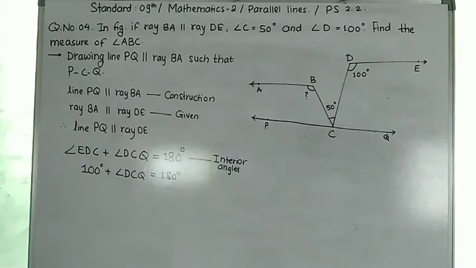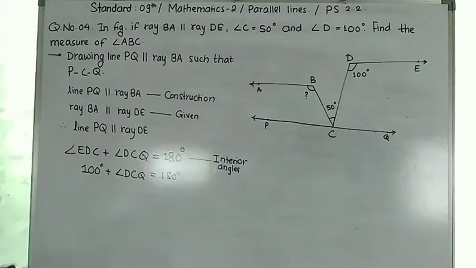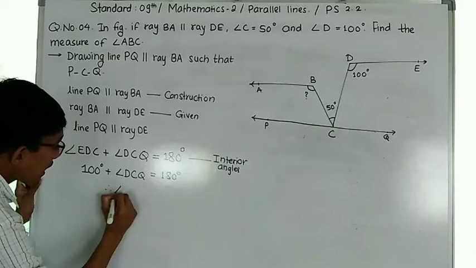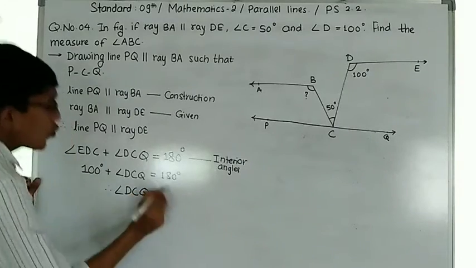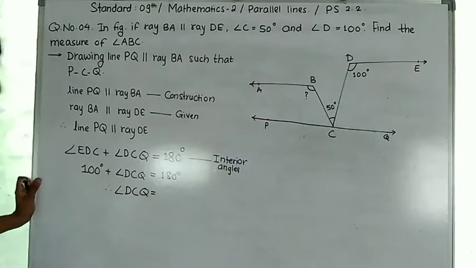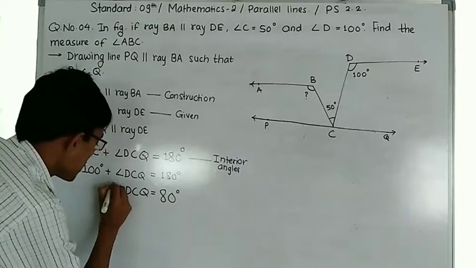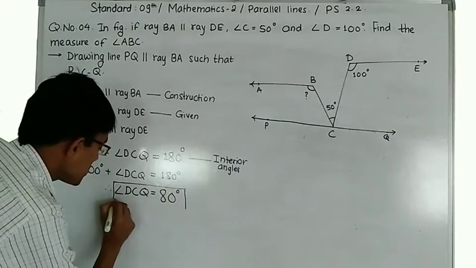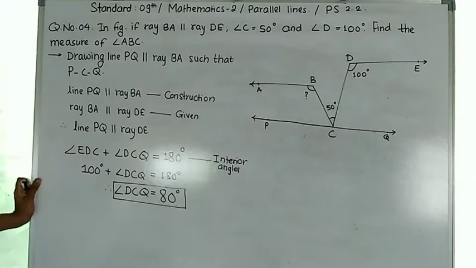As you can see, 100 degrees plus angle BCQ is equal to 180 degrees. So we can write therefore angle BCQ is equal to 180 minus 100. What is 180 minus 100? It is 80 degrees. So we got angle BCQ is equal to 80 degrees.